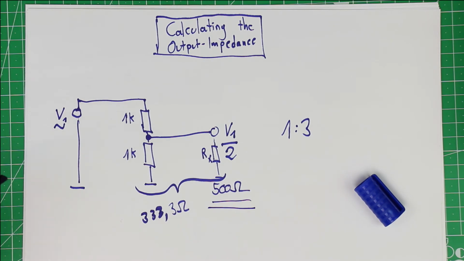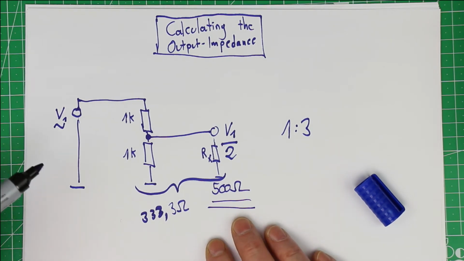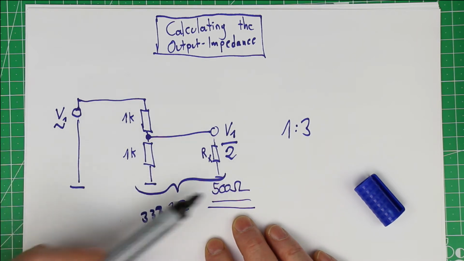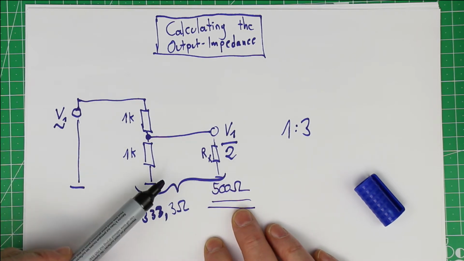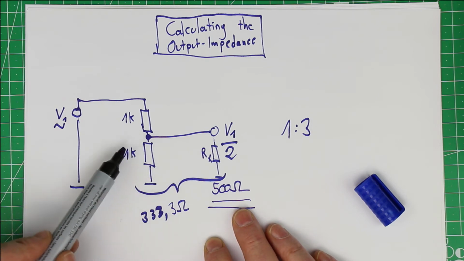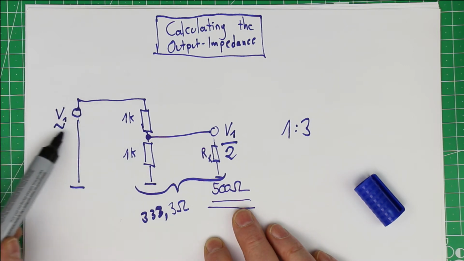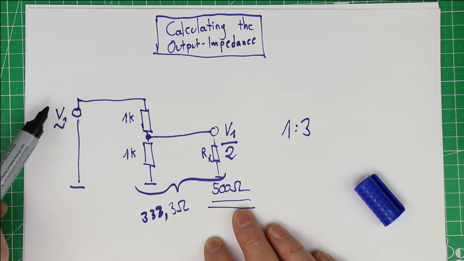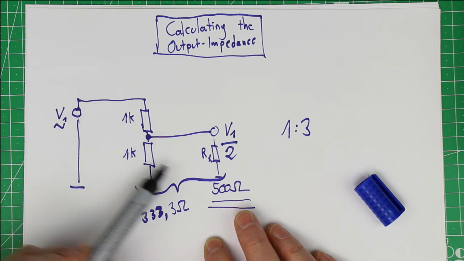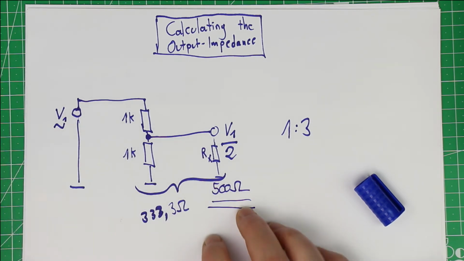So we now know from experiment that obviously what I thought as a boy, that the output impedance of such a voltage divider circuit fed by an ideal voltage source is 1K, is wrong. It's 500 ohms.